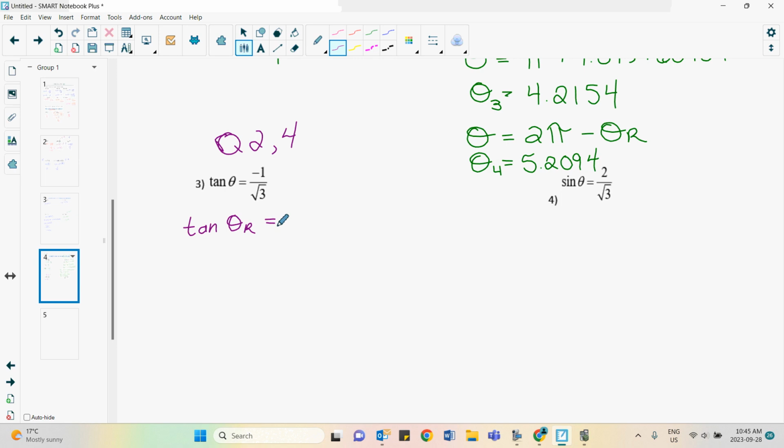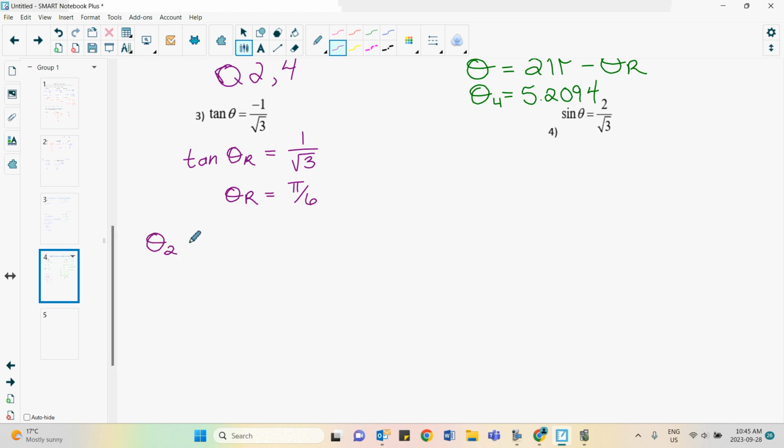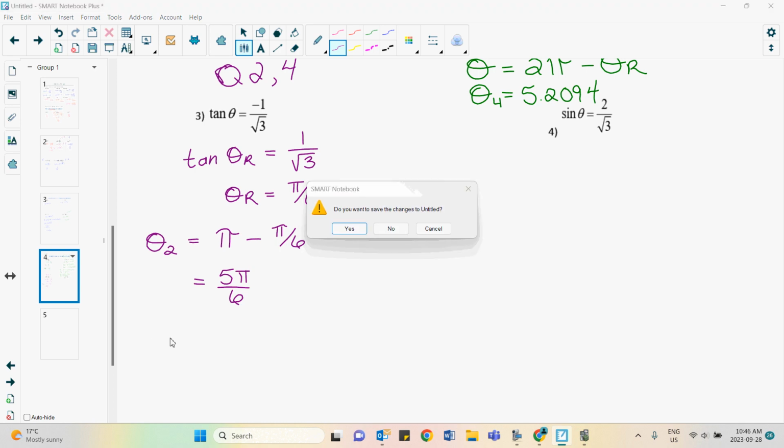But if you need to math it out, this is how I would do it. Do the reference angle of that. So theta reference is π/6. What's the rule for quadrant 2? Pi minus theta reference. And then what's the rule for quadrant 4, we're in quadrant 4.